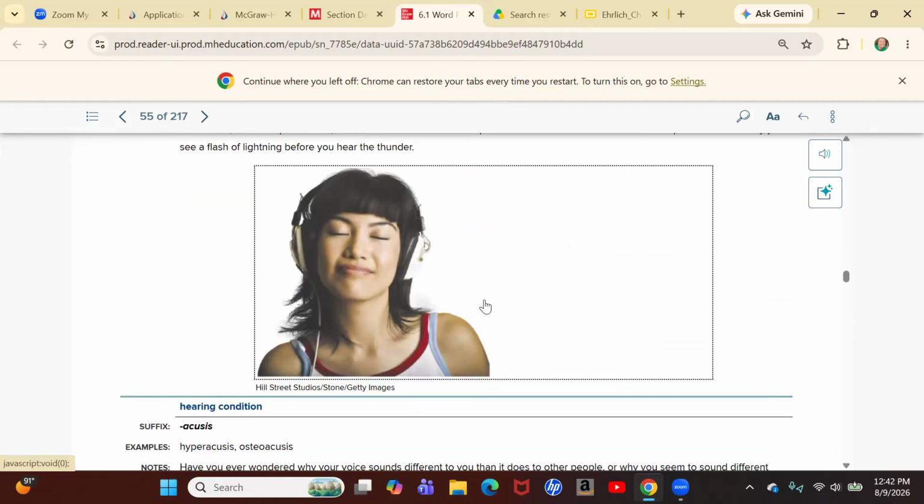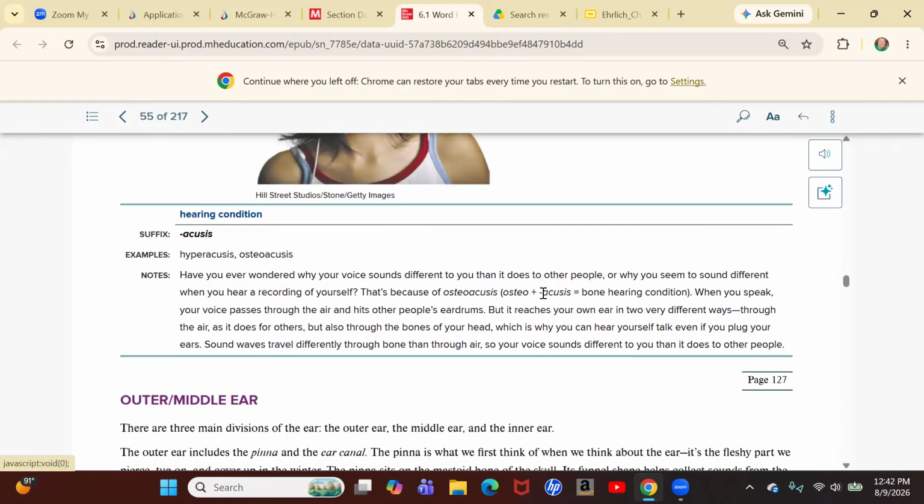In other words, that ability to know that you are sitting down in a chair right now, or you're standing up, wherever you are in relation to gravity, it is your middle and inner ear that help with that.